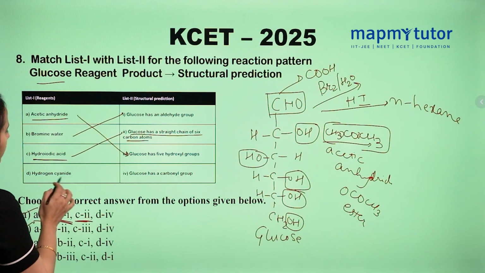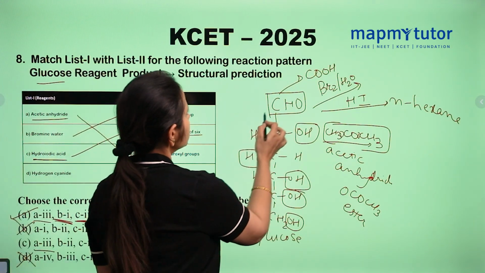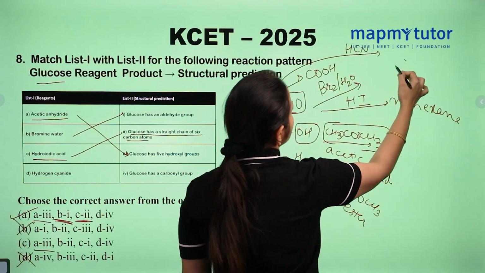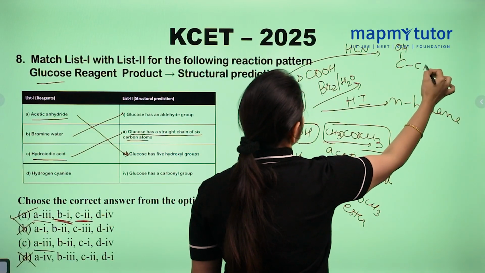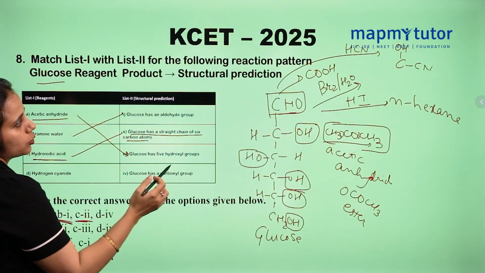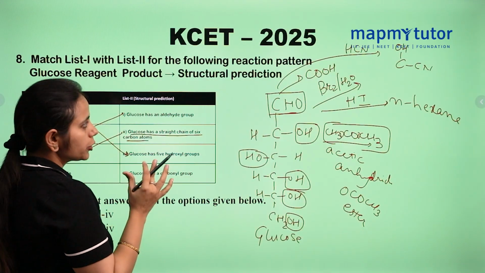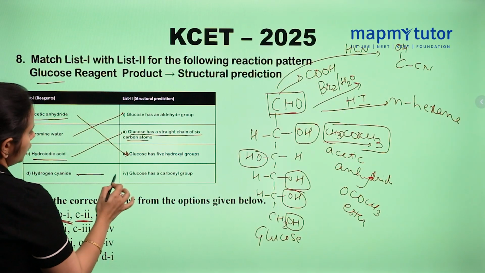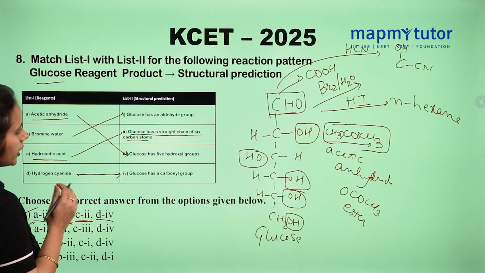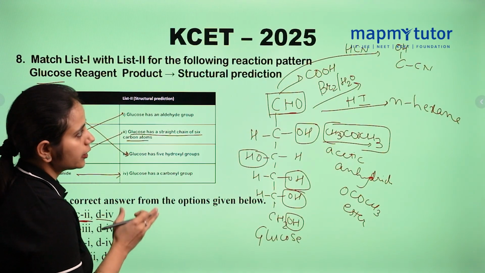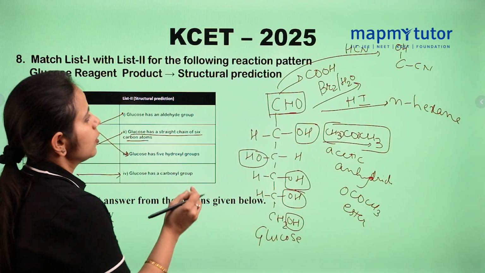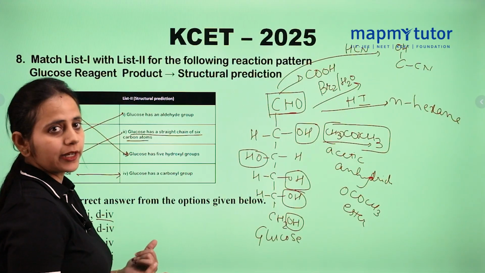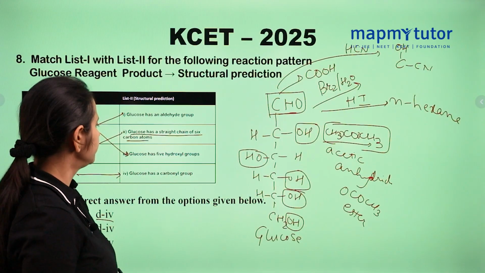Hydrogen cyanide will convert the carbonyl part into OH and CN. So in glucose a carbonyl group is present, which converts into that OH and CN part. So D is for 4. By reacting glucose with these reagents, we can understand that glucose has a carbonyl group, OH groups, and 6 carbons.